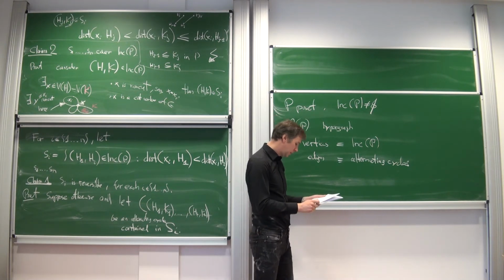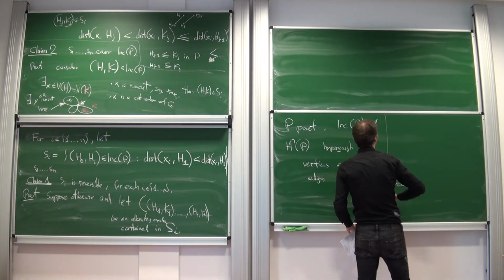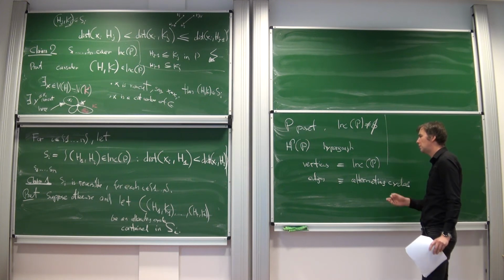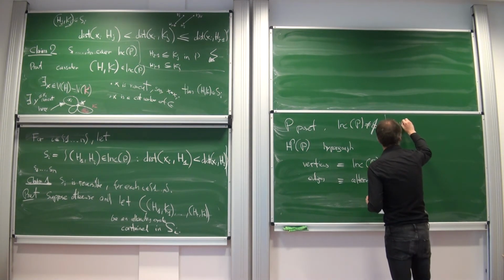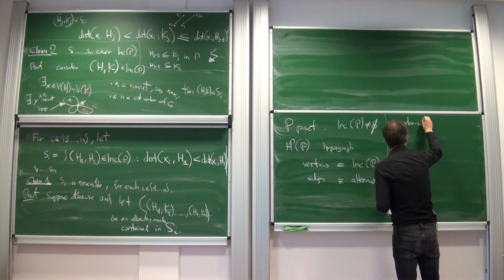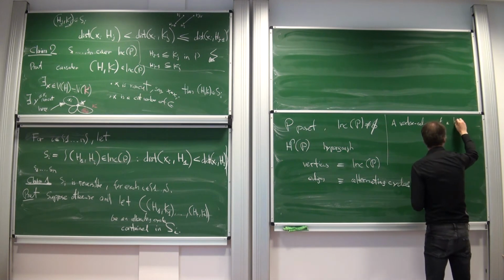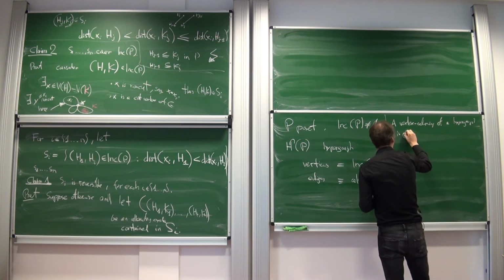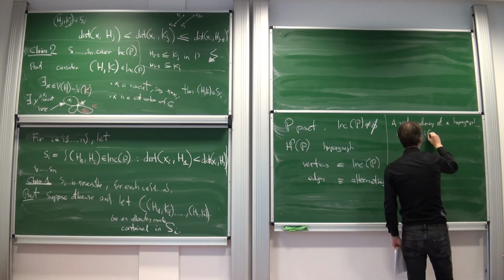Now, it's quite immediate to see that when we get the proper coloring of a hypergraph, the number of colors is actually bounding dimension. So what is the proper coloring here? It's pretty obvious. A vertex coloring of a hypergraph is proper if there is no monochromatic edge.